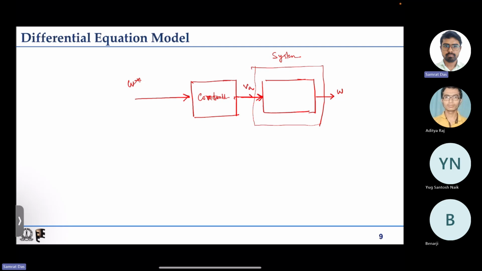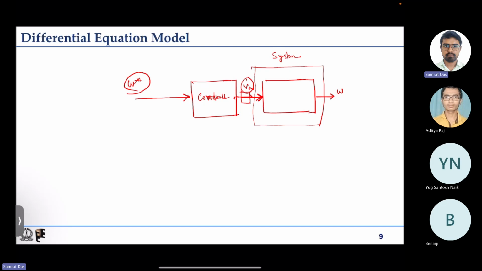There is a small thing: the controller itself will not apply the voltage. There will be something called actuators, in this case a power electronic converter, that will apply the actual voltage. The controller will only tell, in signal sense, that you need to apply this much voltage. So the controller should be able to tell you, for getting this much speed you need to apply this much voltage. This information can only be obtained if you know the mathematical model of the system.